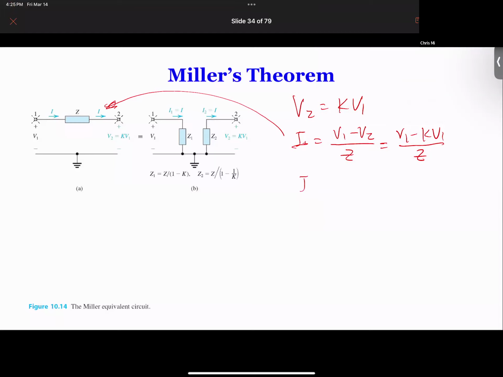On the right-hand side, we find I1 equal to V1 over Z1, and I2 equal to minus V2 over Z2.